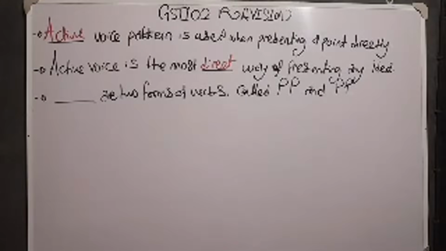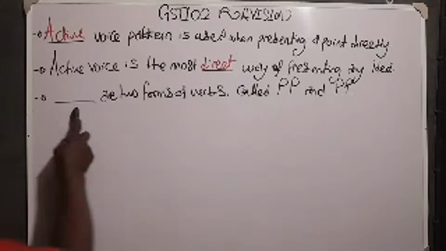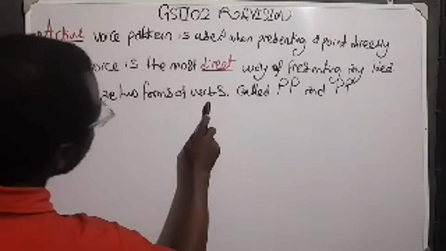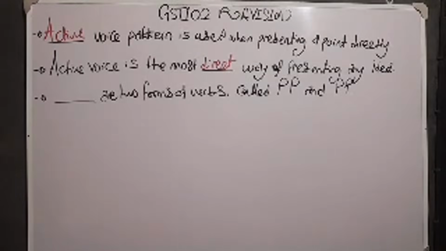Dash are two forms of verbs called present participles and past participles.